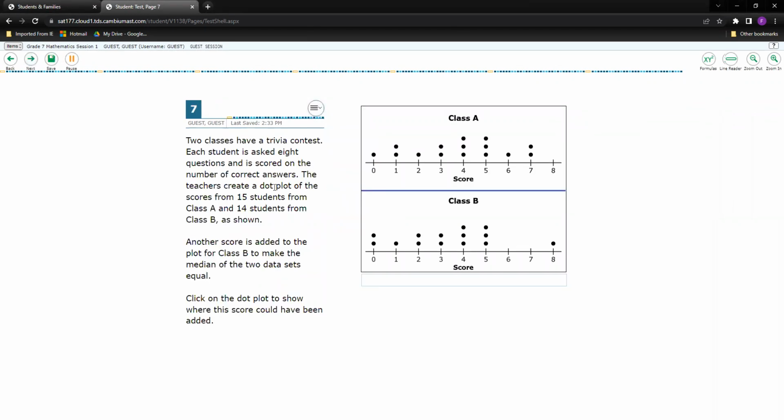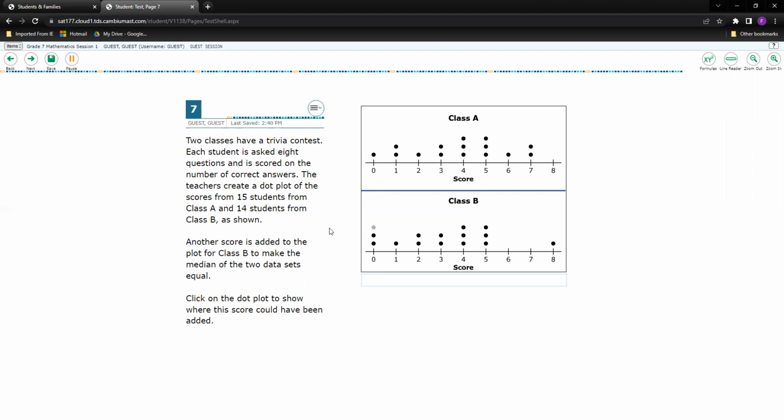Okay, so here the question is, you have to click on class B here to make the medians equal. Now look at this data. This class A is sort of even, and class B is tilted to the left. There are more points to the left.